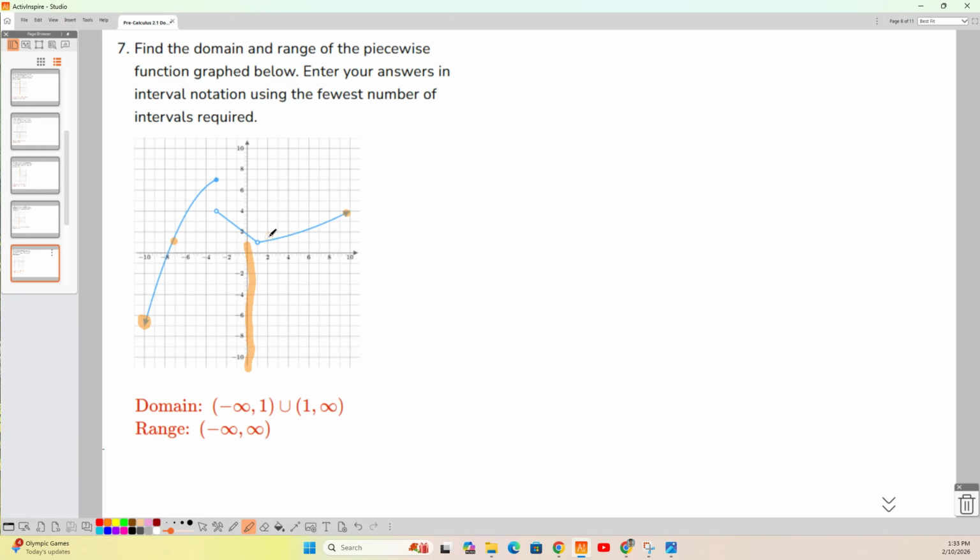So the graph still exists. So we keep going without any breaks. Graph is existing, existing, existing. Now there's a gap right here, but this indicates that the graph is going to continue upwards forever. Because of that, we keep going all the way to infinity. So the range is negative infinity to infinity.